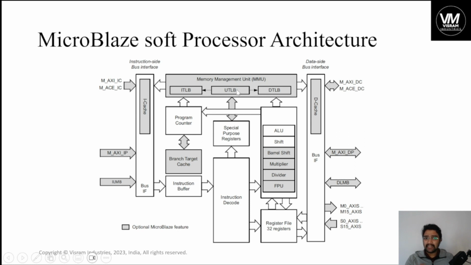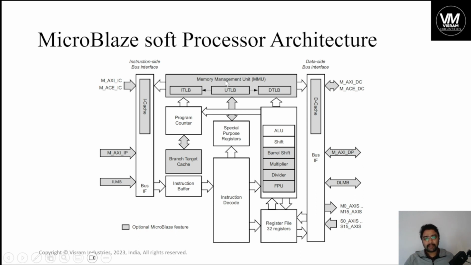All these internal blocks, don't get confused. These are determined by the architecture made by the vendor. The MicroBlaze was made by some vendor, and you can understand these internal blocks by going to its data sheet. But let us understand the external outline.